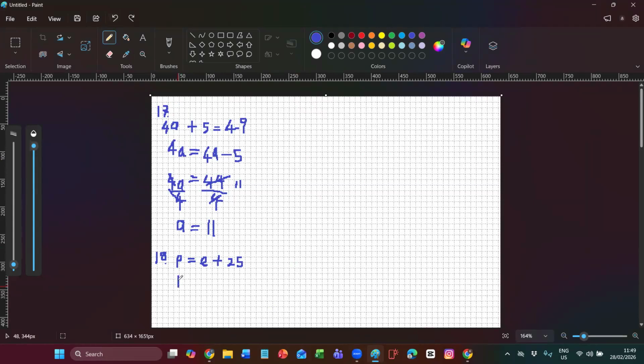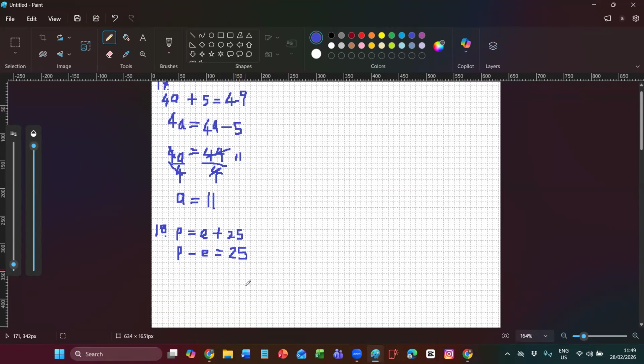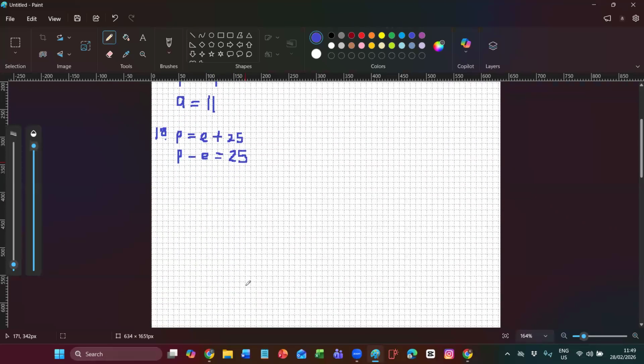Or we can do it like this: move E and P to be on the same side. So it will become P minus E equals, and I think, yes, maybe because I deliberately want us to use the elimination method for this question so that we don't lose touch totally with the elimination method. Okay, so go ahead for the second one.